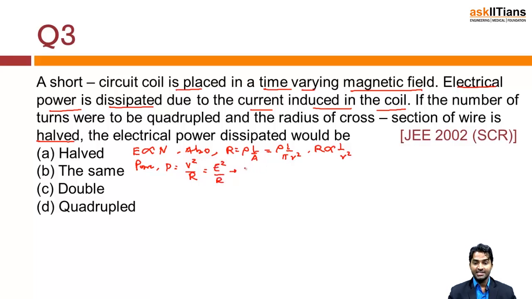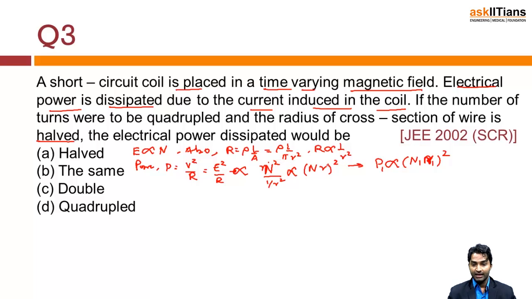Now it is directly proportional to capital N square divided by resistance R. Resistance R is 1 by R square, so power is proportional to N square into R square. So power P1 is directly proportional to number of turns N1 and radius R1 whole square. Also the length function is there, because it is given that the length is doubled.